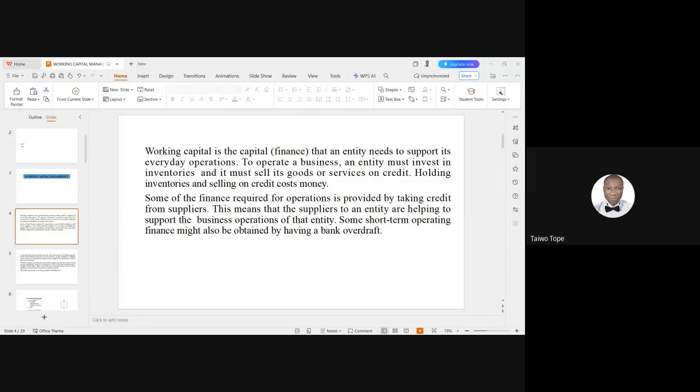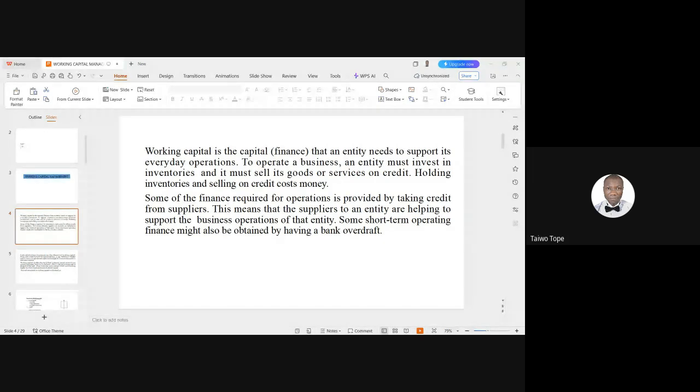And when we talk about issues of economic order quantity, we'll be seeing that. So there should be a policy to see that there is a balance between the stock in the warehouse and the stock going out. This can be achieved when a business organization sets clear policy that will support its operation in order to achieve its overall business objective, which will be profit maximization.